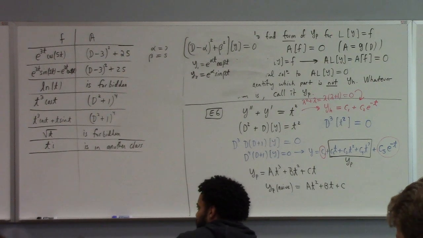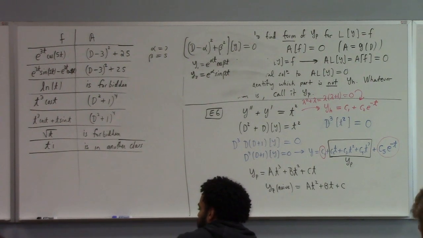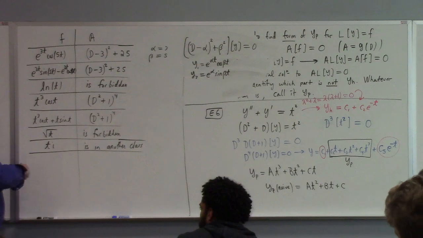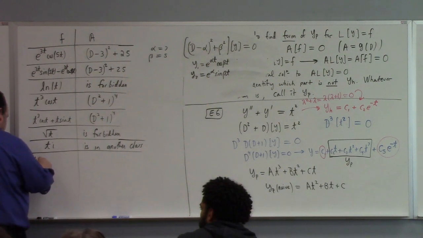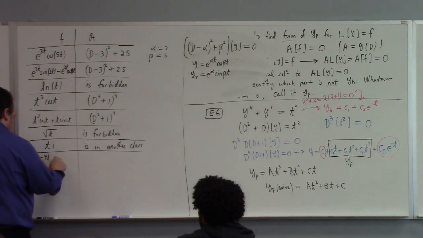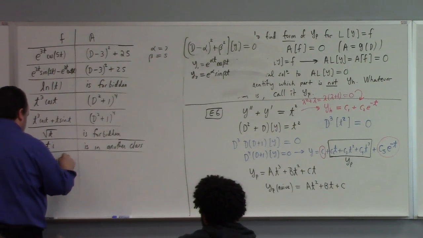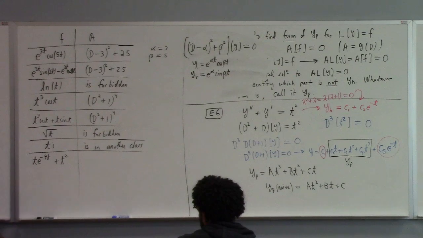All right, let's do something. What if I had t e to the minus 7t plus t squared? How would I annihilate this? If you have different things, you just attack each piece separately.